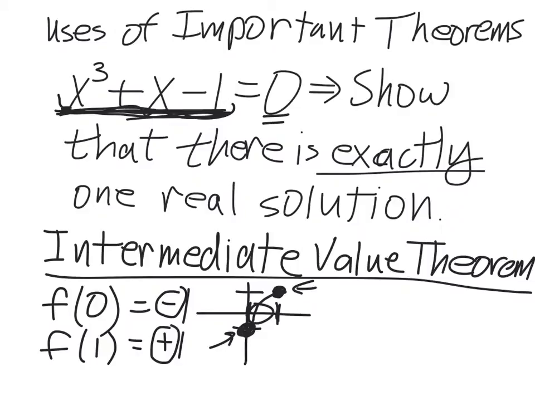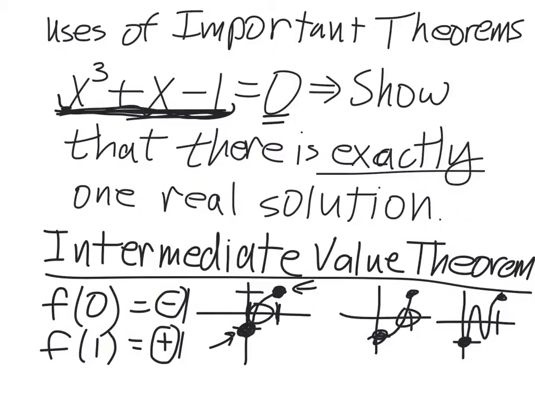It might be like that, or it might be like that. Okay. We don't know exactly where it is. We just know it's somewhere in between 0 and 1. And the intermediate value theorem doesn't say it's just one value in between there. Technically, it may do something like that, where we'd actually end up with 3 solutions in between 0 and 1.